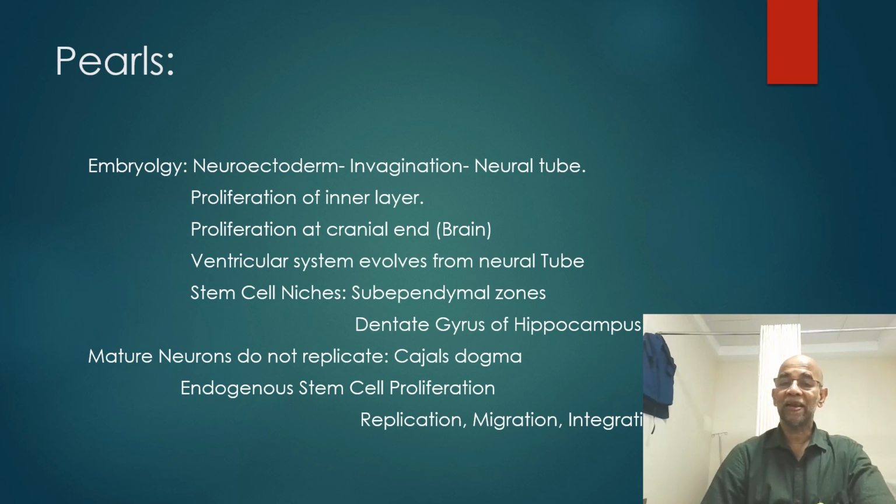So stem cell niches are found in the subependymal zones and also in the dentate gyrus of the hippocampus. Mature neurons do not replicate. This is Cajal's dogma. Endogenous stem cell proliferation occurs, followed by replication, migration, and integration.